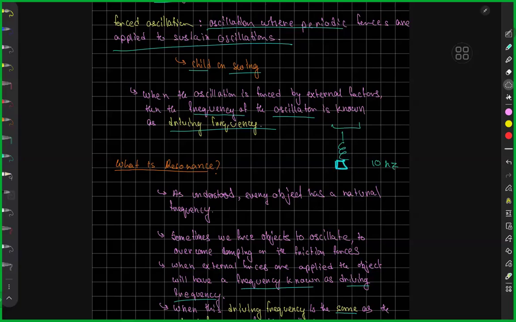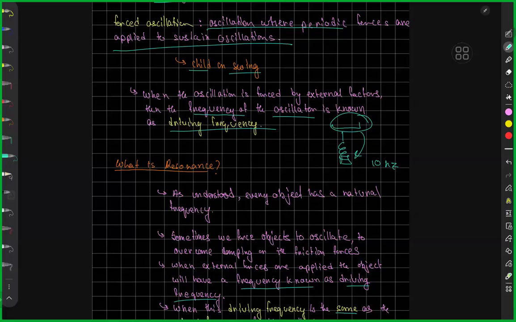So if the driving frequency was 5 hertz, it would probably oscillate this much, like this. And if I increase the driving frequency of the gear to 10 hertz, it would oscillate something like this. So the amplitude all of a sudden has increased. That is, the energy transferred from the driving frequency or the fixed point to the mass has increased.